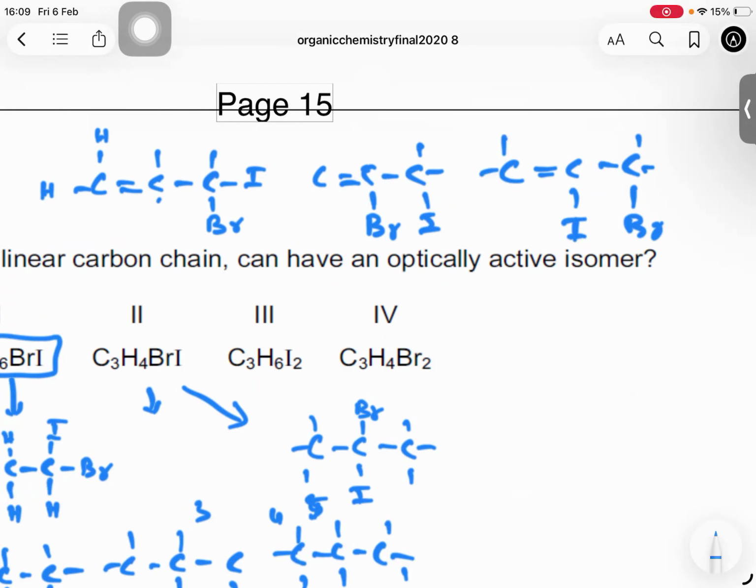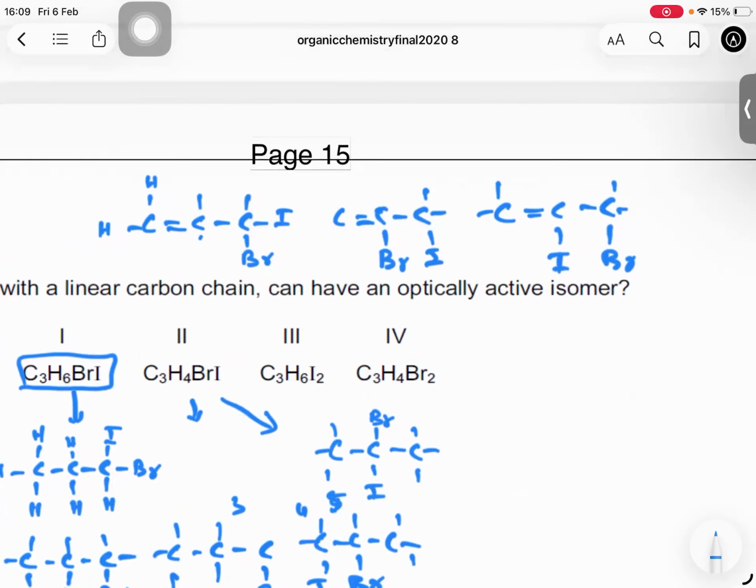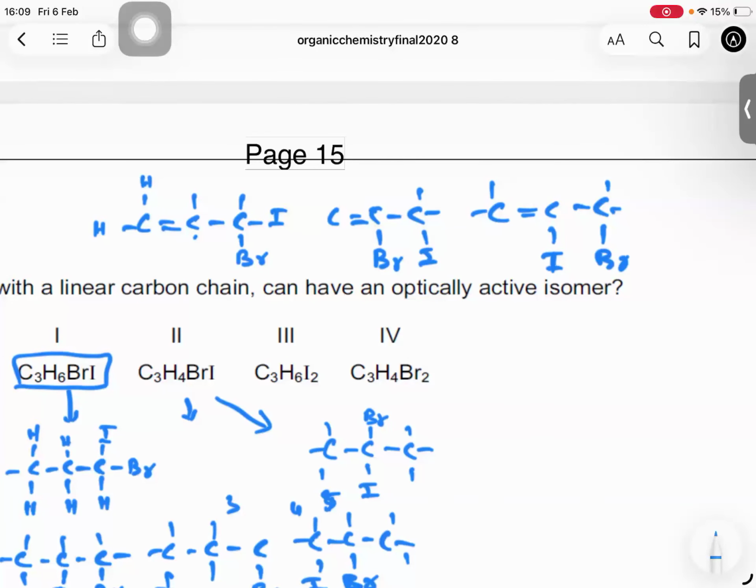No, we cannot, because that will overshoot the number of bonds in the carbon. But what we can do is change their positions with the double bond. For example, here is the Br and here is the I. Now again you can change the position.